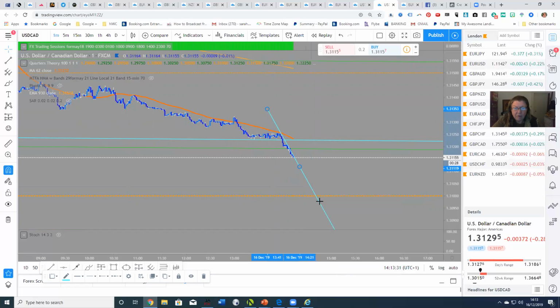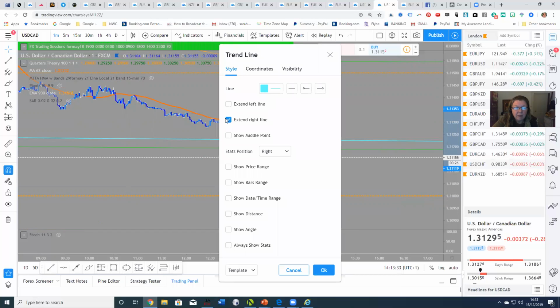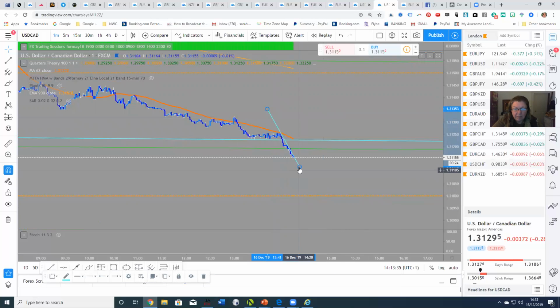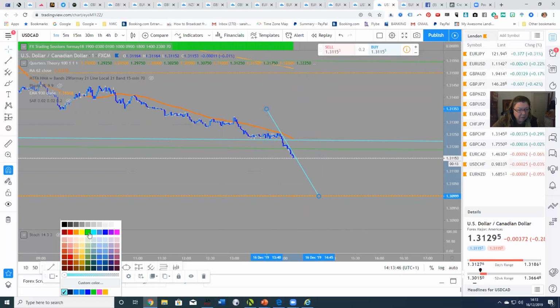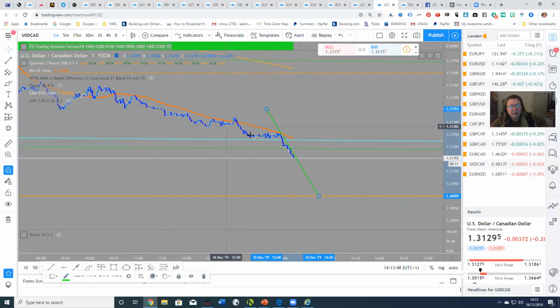I just need to take off that extend right line. Let's draw that down to there and put it back in green. So it's still under the 62 EMA. It's crossed the pitchfork. So we've got a pitchfork touch. I haven't got a third confirmation for entry.